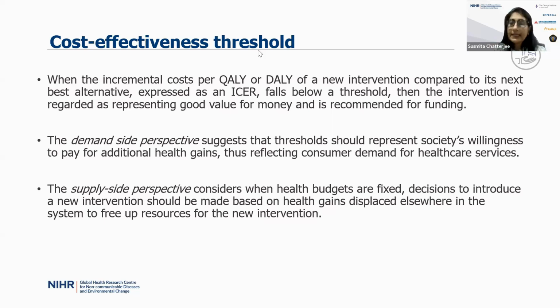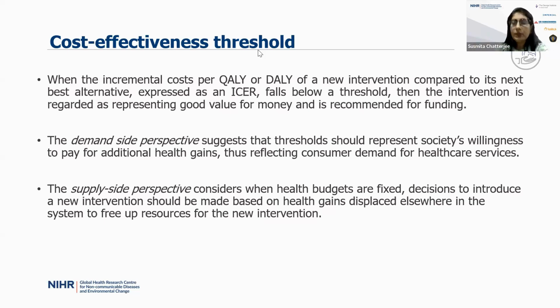The supply side is again the budget constraint which we started with, because the government has a fixed budget for everything. They will be very happy if it is less costly, but they cannot go beyond that, right? When they will go beyond that is when we are thinking of that willingness to pay threshold.